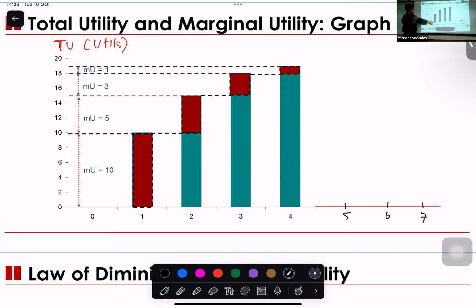Okay. First bottle, TU is 10. We saw that, 10. TU when he drinks 2 units, 15. Look at the height of the tower first. TU when he drinks 3 bottles, 18. When he drinks 4 bottles in total, it delivers 19.